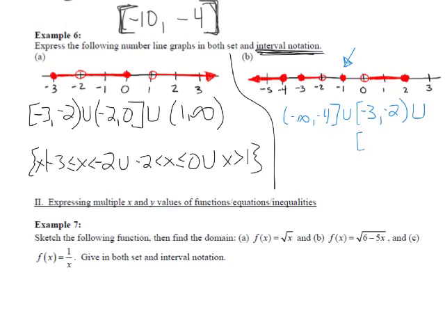Could I do from negative 1 to negative 1? That seems kind of weird, doesn't it? So that might be a point where you say, hey, interval notation doesn't work so hot right here.